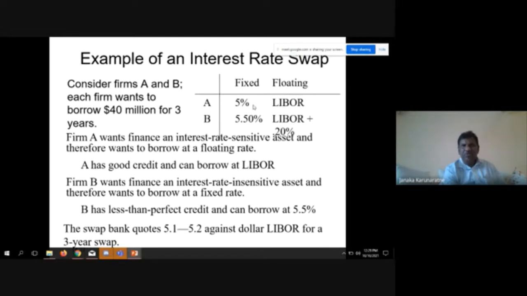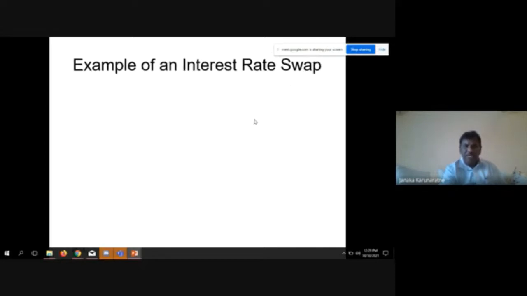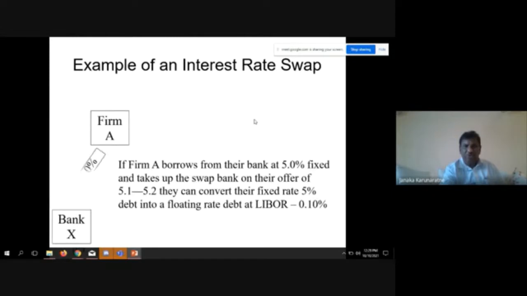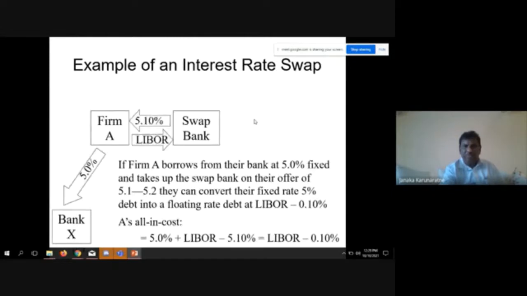Now, even in company B, I need to borrow in the fixed rate market, so I would have to pay 5.5, but I paid only 5.4 because of the swap.